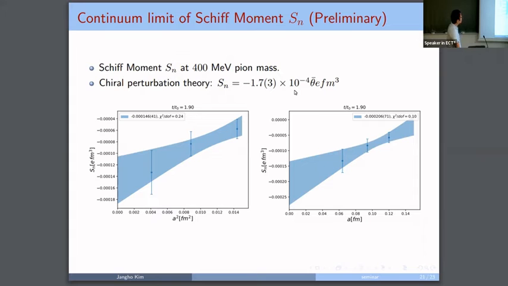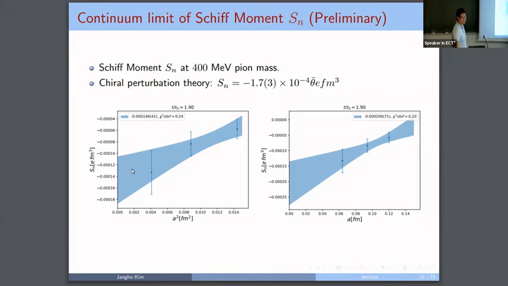So if we compare this value and our value, they agree within the error, and of course our result is non-zero. Oh, you have a definition of S is finite. Yes. So the sign is also correct.